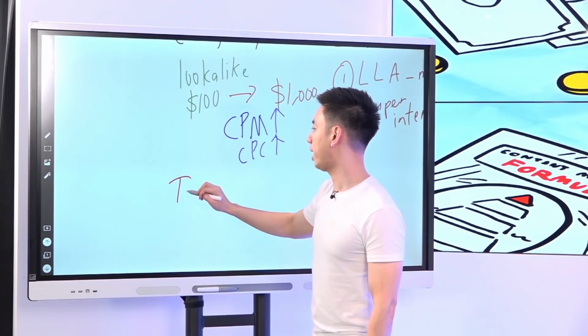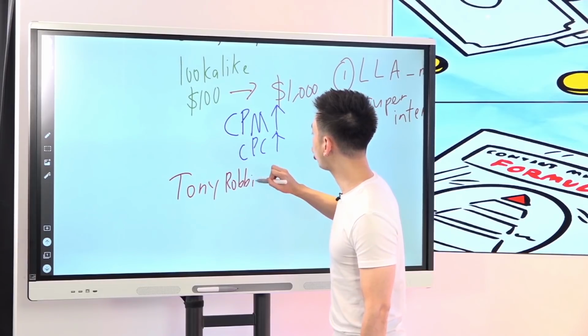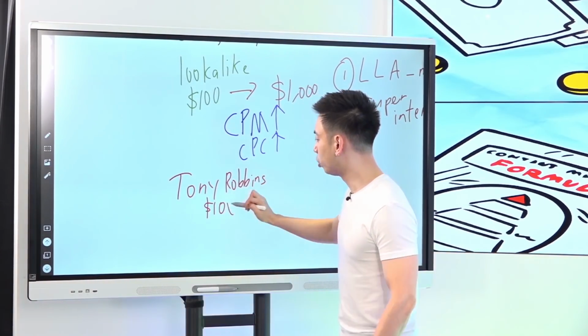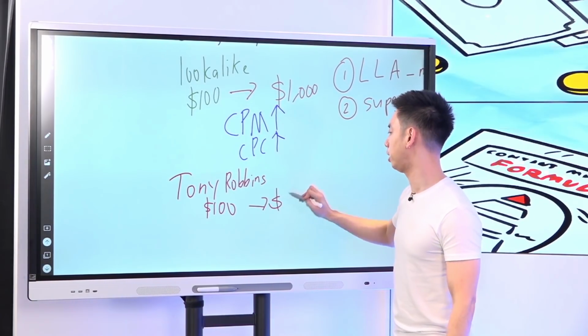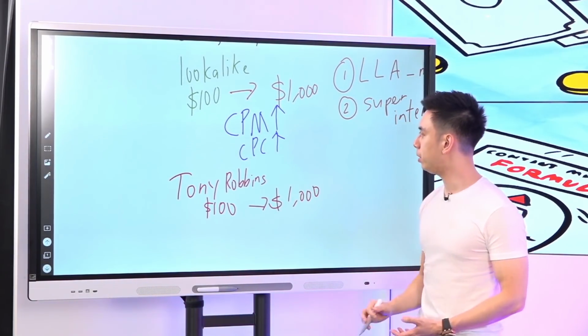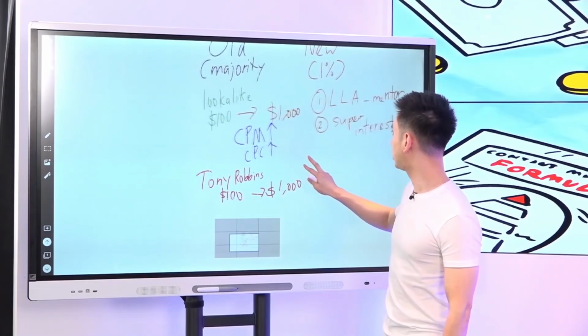An audience like Tony Robbins, for example, this interest converts for me at $100. So because it converts at $100, let's try to scale this to $1,000 a day. Same thing here. What's going to happen? Eventually, CPM and CPC are going to increase. Why? Because it's going to saturate and reach diminishing returns really, really quickly. And it breaks when you try to scale.